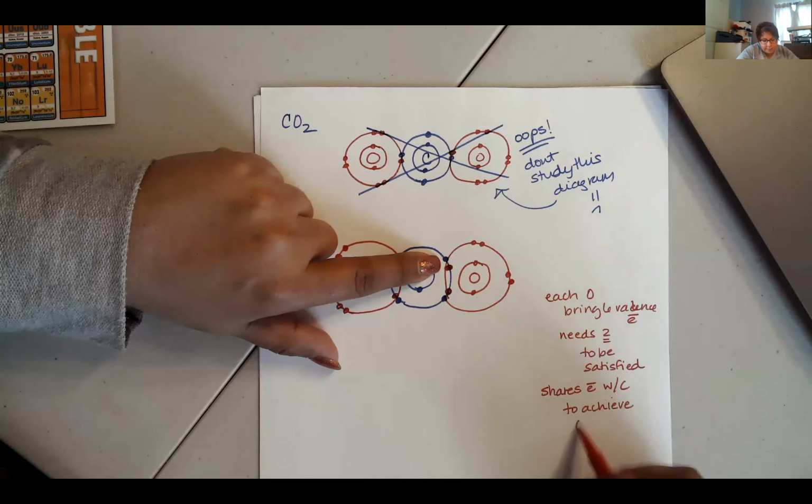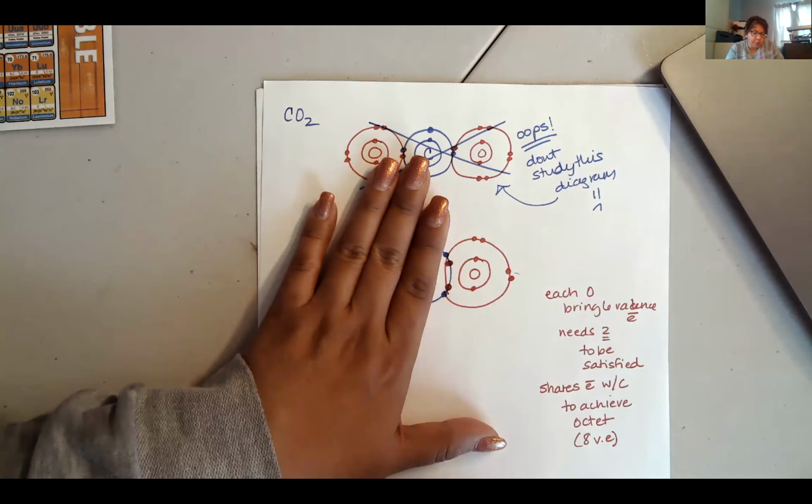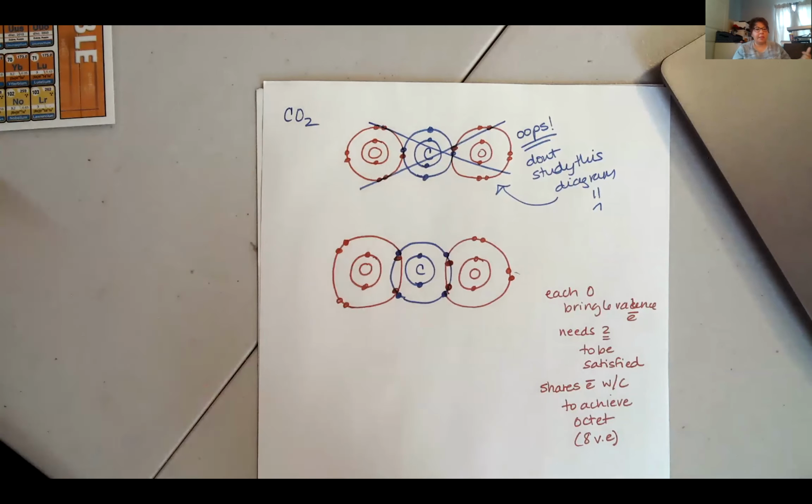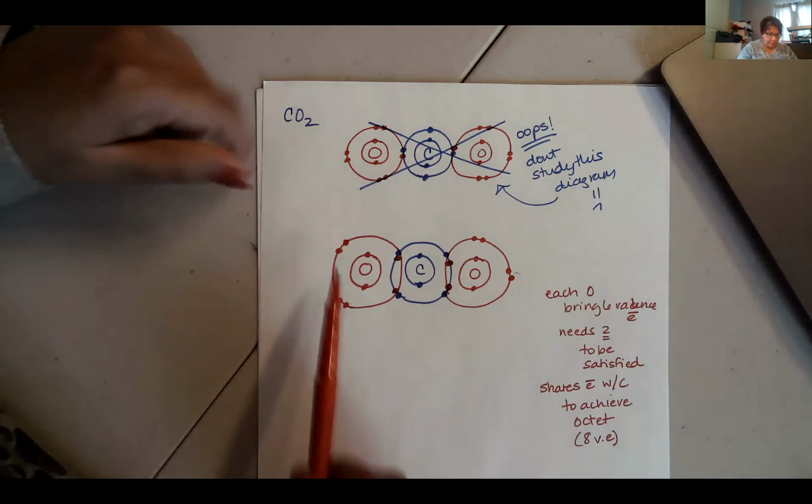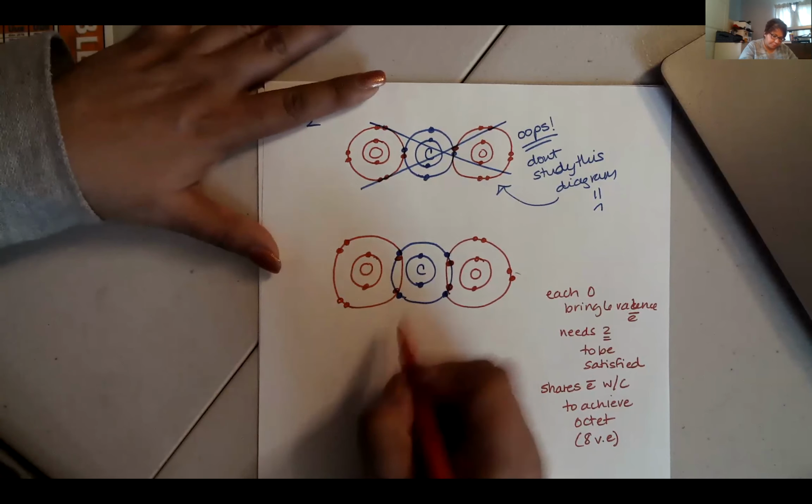If I examine just this part of the molecule, now I can see that oxygen has the 8 in the outermost shell, 2, 4, 6, 8. It brought its own 6, but it's sharing 2 of them with carbon. The other side of the molecule is doing the same thing. There are 6 originals, plus the ones that it's sharing with carbon.